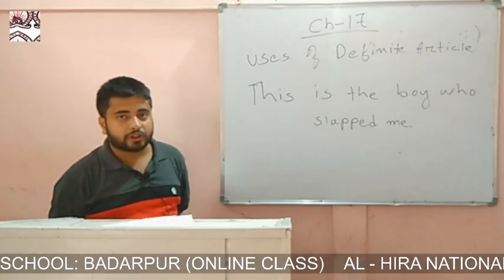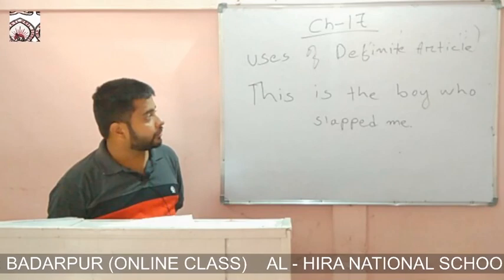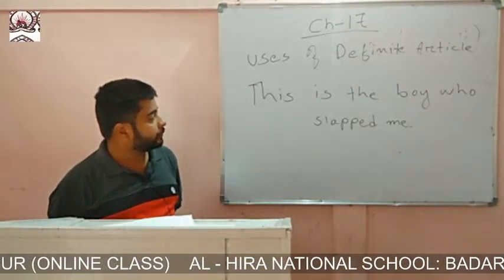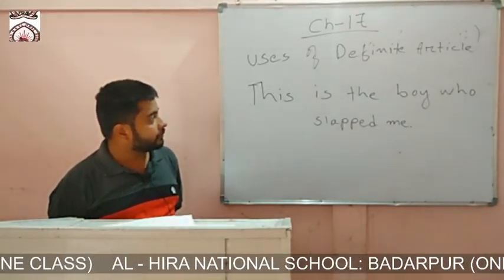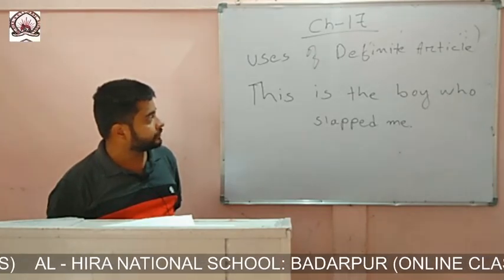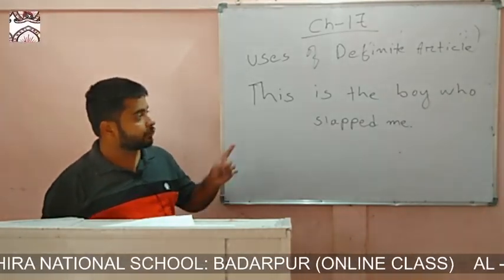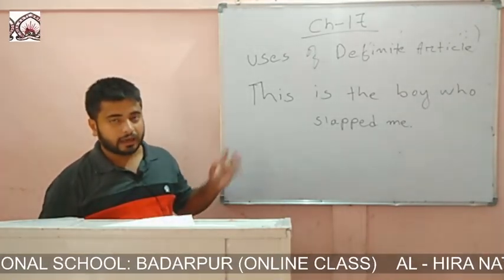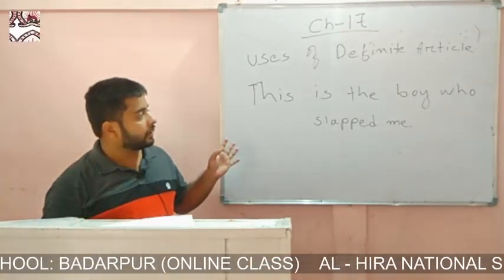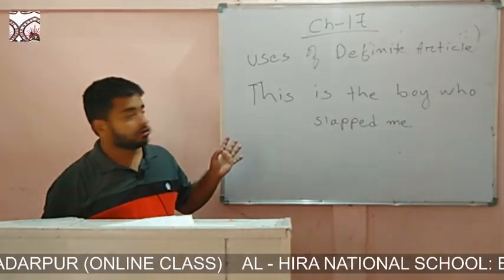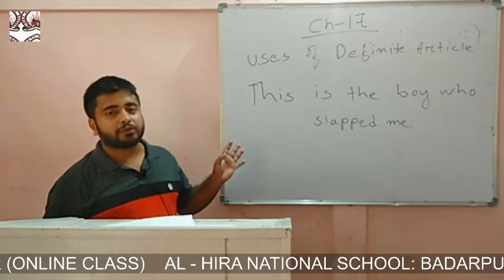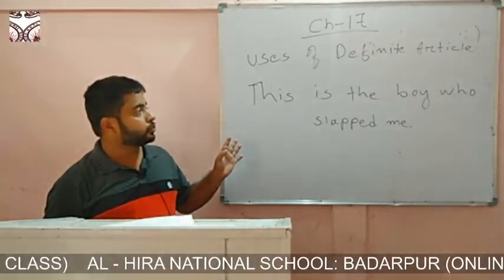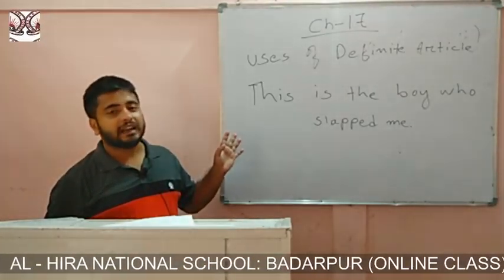Here I am talking about a particular boy who slapped me. That means I know the boy who slapped me, so I am telling that this is the boy who slapped me. I am talking about a particular person. So when we talk about a particular thing or person, we should always use "the" before the noun.